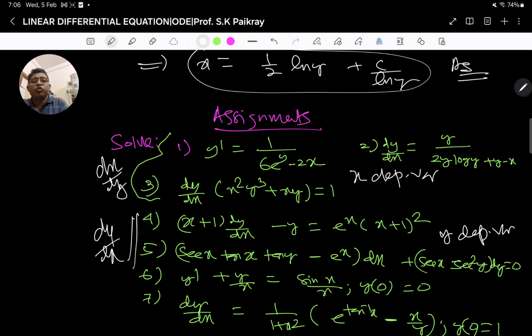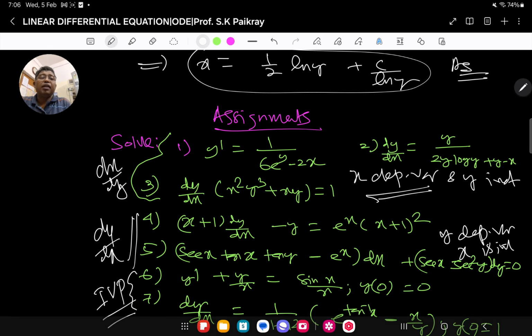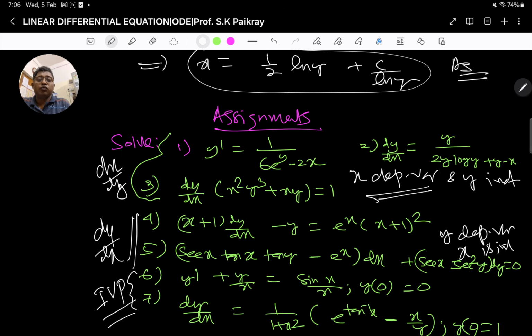These are initial value problems. You should solve these problems and refer to some standard book to solve many more problems. Unless you practice many problems, you cannot solve them.